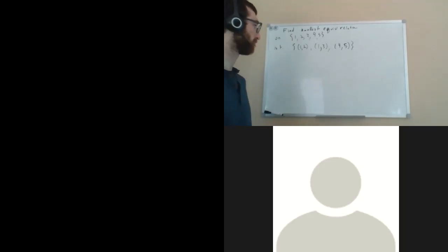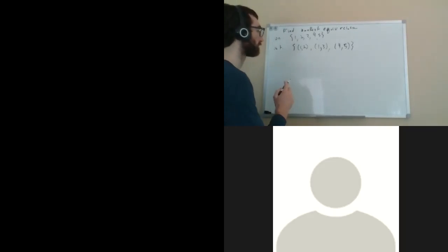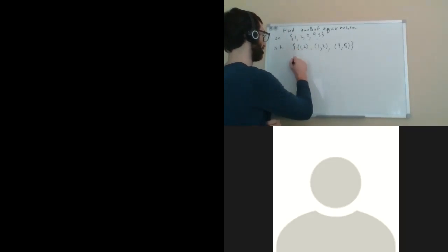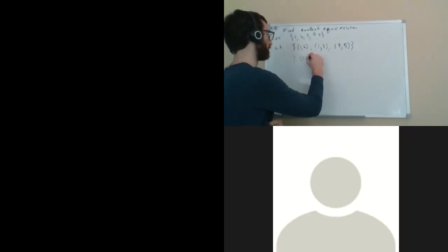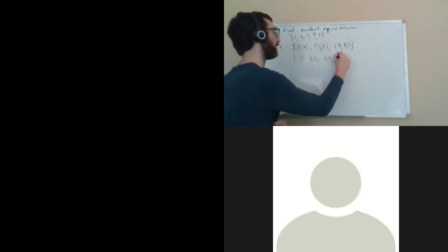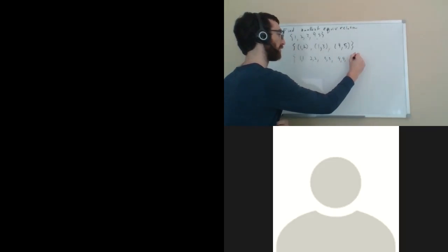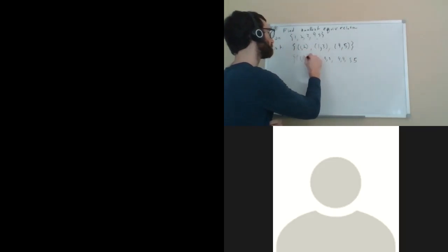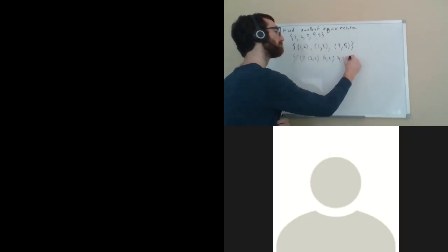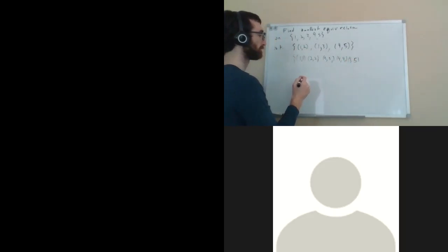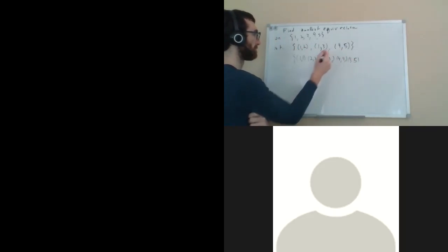So I started with having them be reflexive. I knew it needed (1, 1), (2, 2), (3, 3), (4, 4), (5, 5). Exactly. You need all these just so that you're reflexive. And then it needs the actual tuples that are given in that subset: (1, 2), (1, 3), and (4, 5).